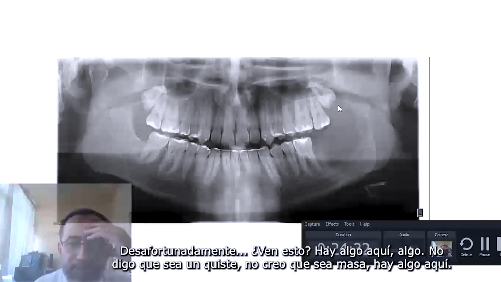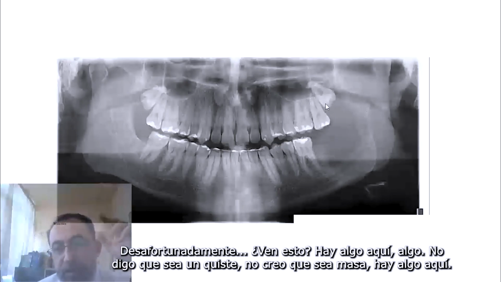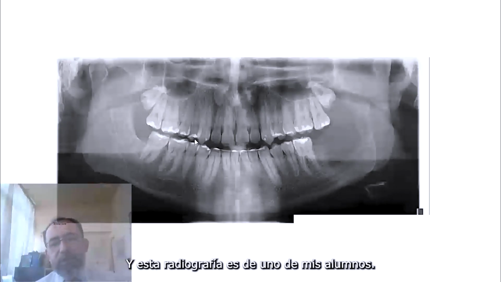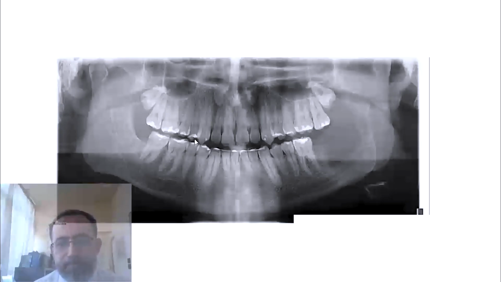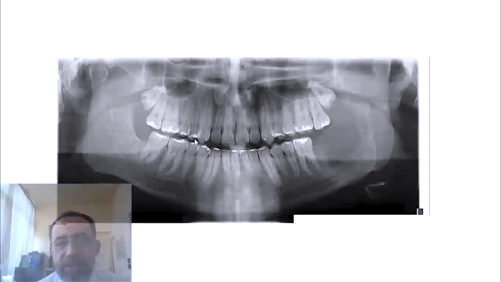Unfortunately, you see this, there is something here. I don't say it's a cyst, I don't say it's a mass. There is something in the jaw. And this radiograph belongs to one of my students. He was my student, then he became my colleague. He's a dentist.